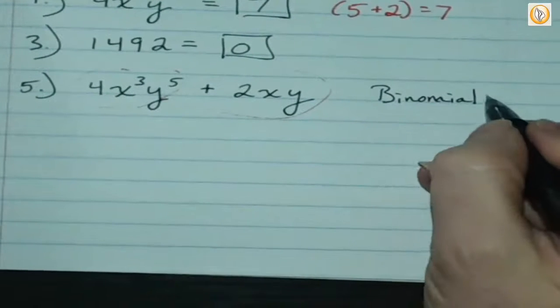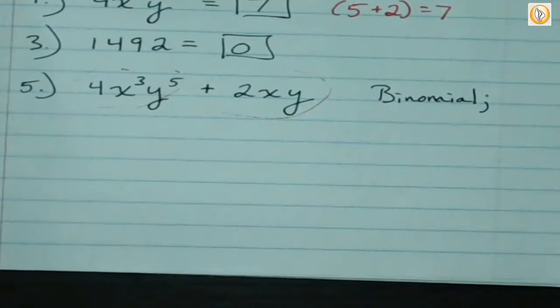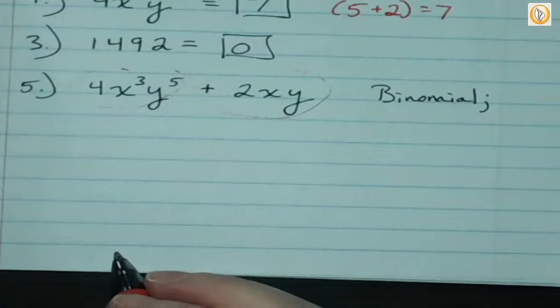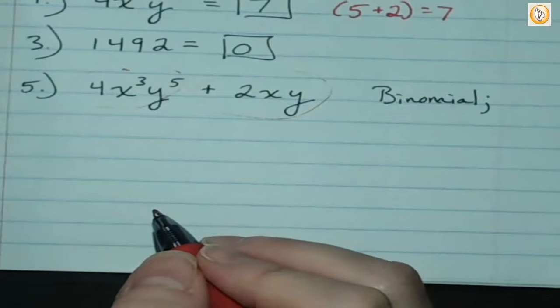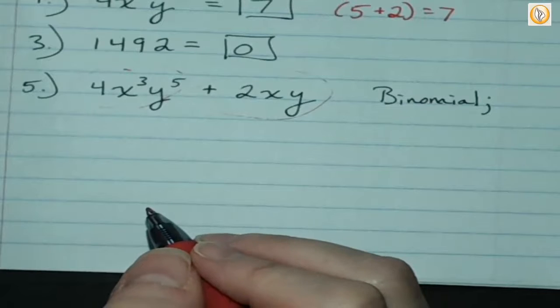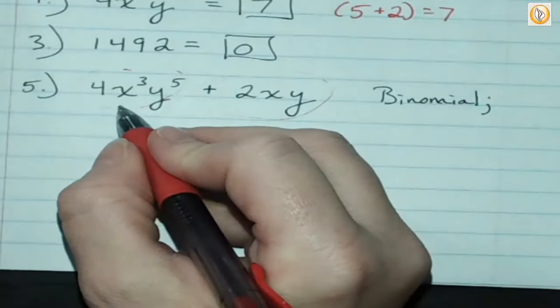And then it says what's the degree of the polynomial. So how do I solve that, Taylor? For both of the terms, you add together all of the exponents. And so you get 8 and 2. So 8's the degree.